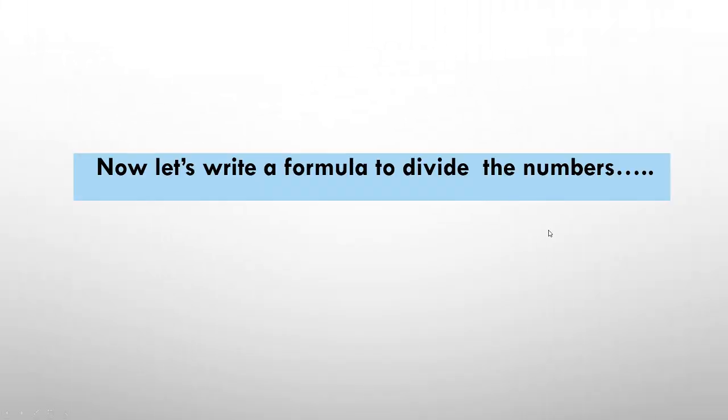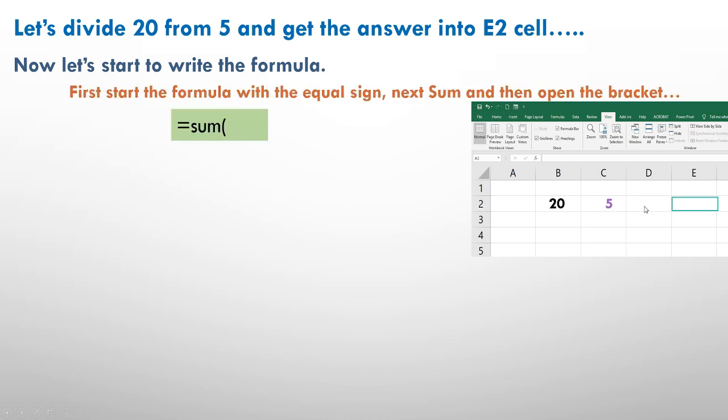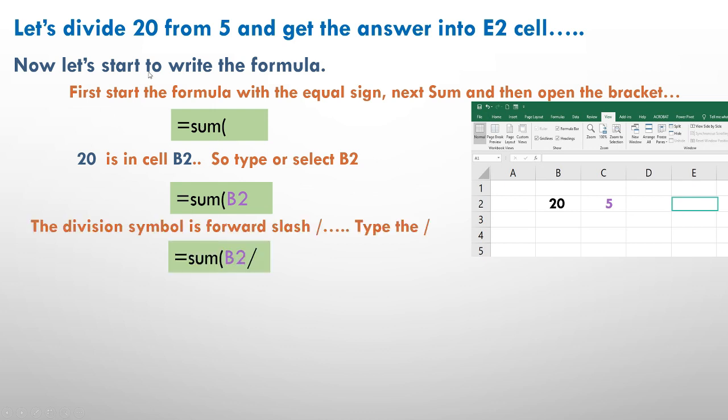It is division. Now let's write a formula to divide the numbers. Here we are going to divide this 20 by this 5 and I am going to bring the answer into this E2 cell. Now let's start to write the formula.